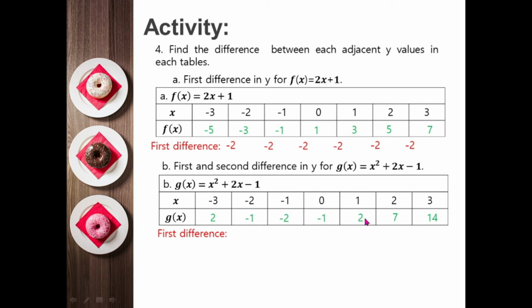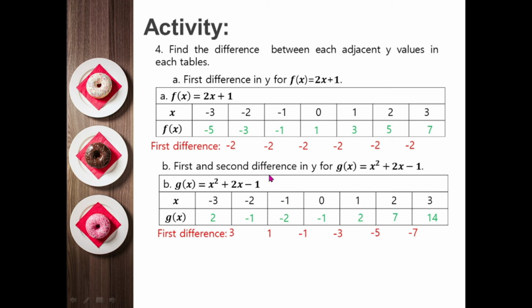Negative 1 minus 2, yes, we have negative 3. 2 minus 7, we have negative 5. And 7 minus 14, we have negative 7. So these are our first differences.